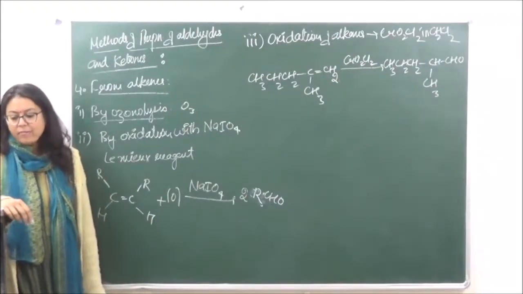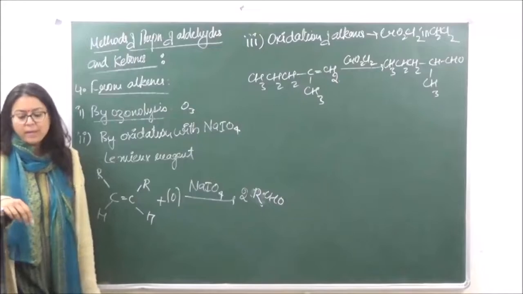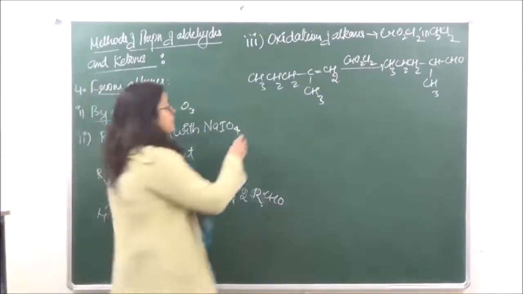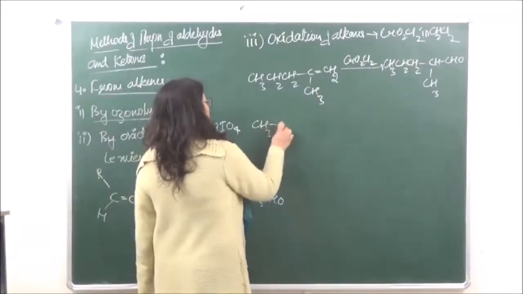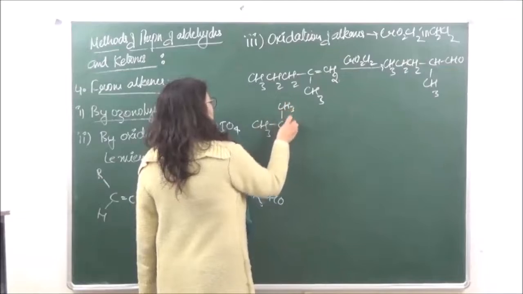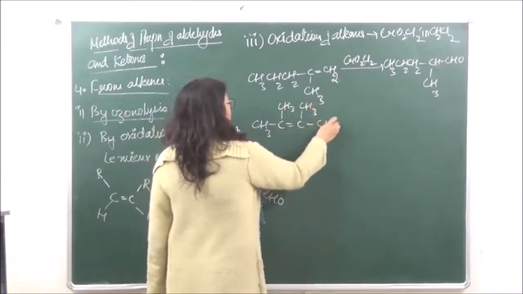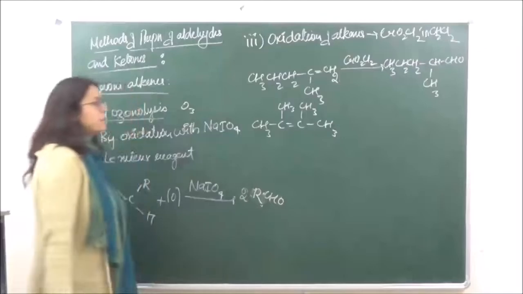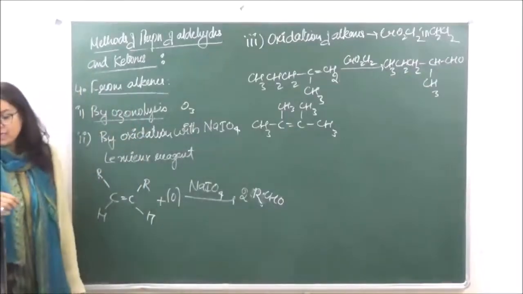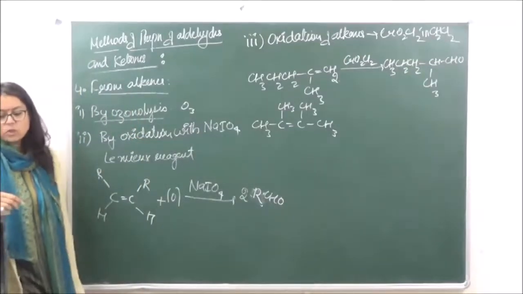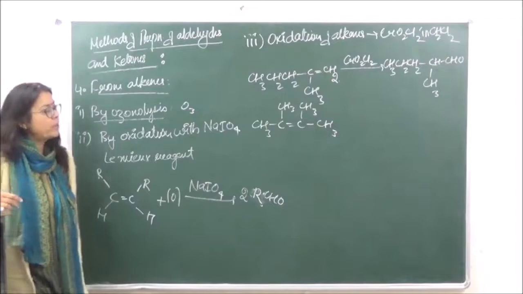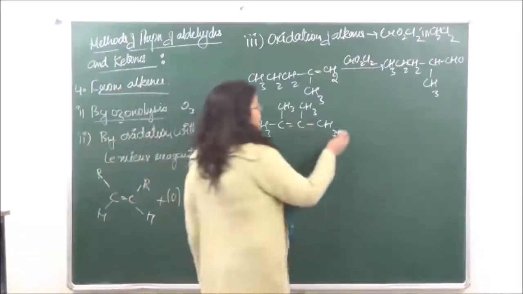Okay, and if we have over here 2,3-dimethyl but-2-ene, this is 2,3-dimethyl but-2-ene. This is going to give us 3,3-dimethyl butan-2-one. So there's going to be a methyl shift over here.